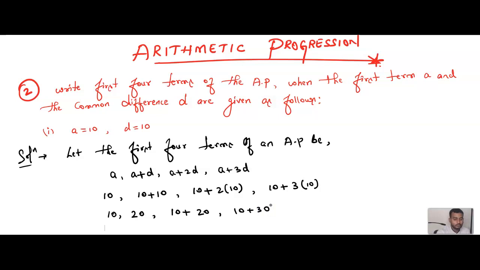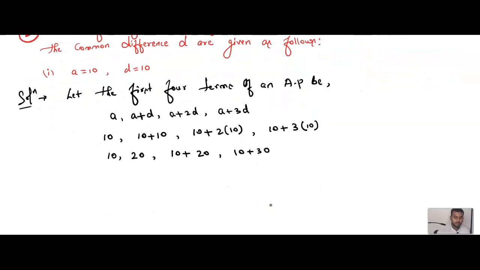Any doubts? Is this clear? Are you getting the steps? Good. That is 10, comma, 20, comma, 10 plus 20 is 30, and 10 plus 30 is 40. So the first 4 terms of the AP are 10, 20, 30 and 40. Is this clear? Any doubt?